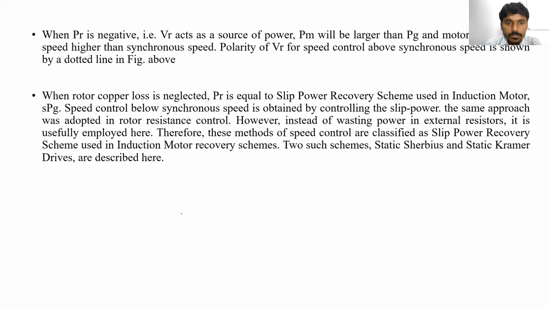PM is equal to PG, the air gap power, minus the rotor copper losses, or the power absorbed by the rotor circuit PR. If the PR value is negative, negative to negative, it will become positive.